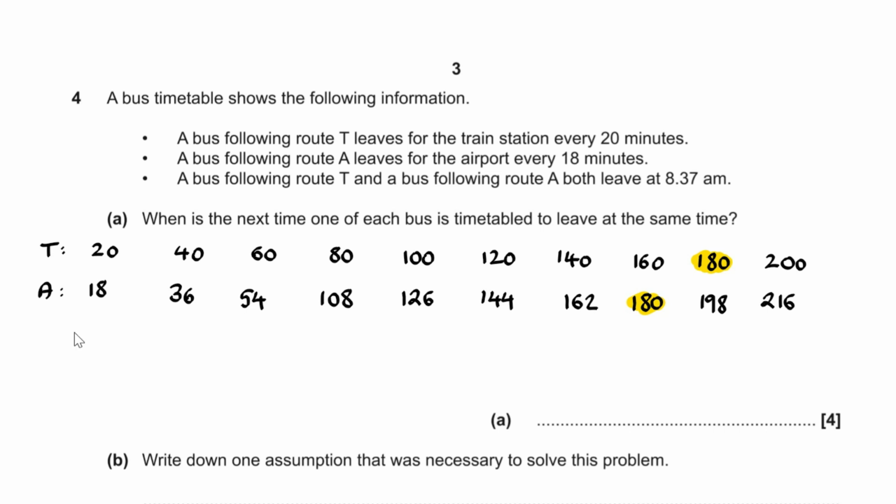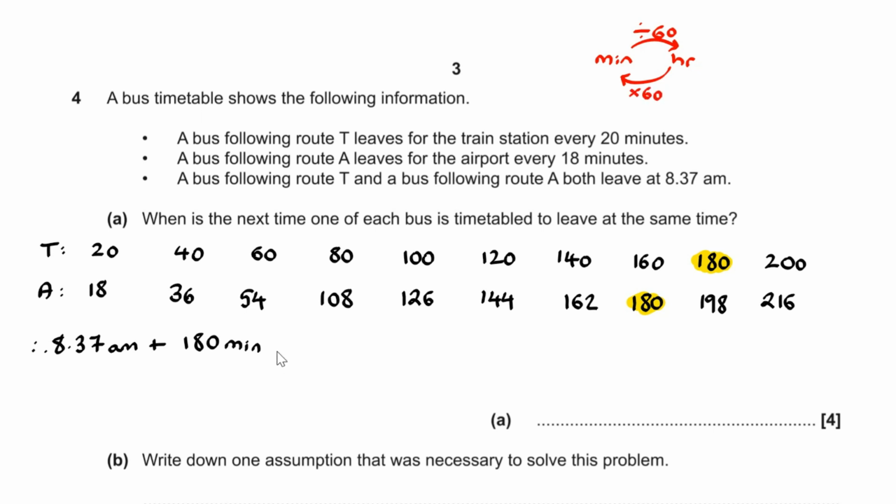So therefore, we have 8:37 a.m. plus 180 minutes. And what we need to recognize in this question, to go from minutes to hours, we divide by 60, and hours to minutes we times by 60.